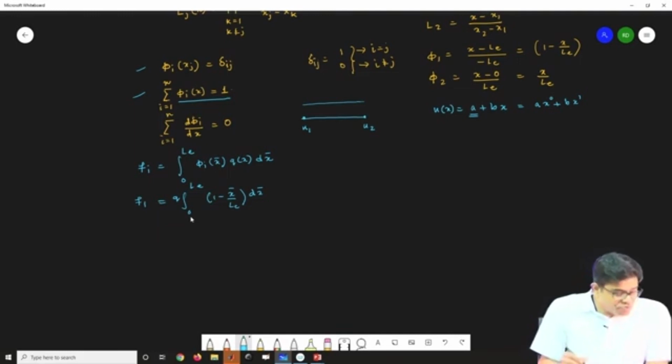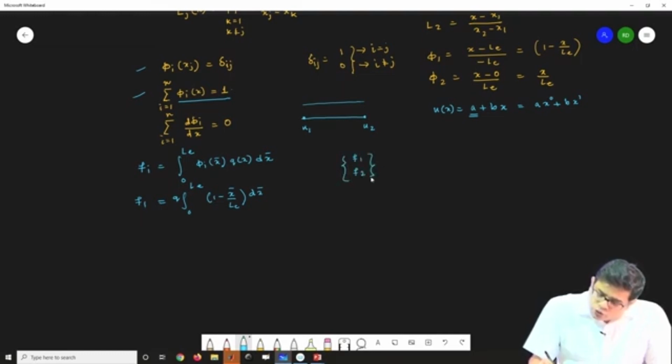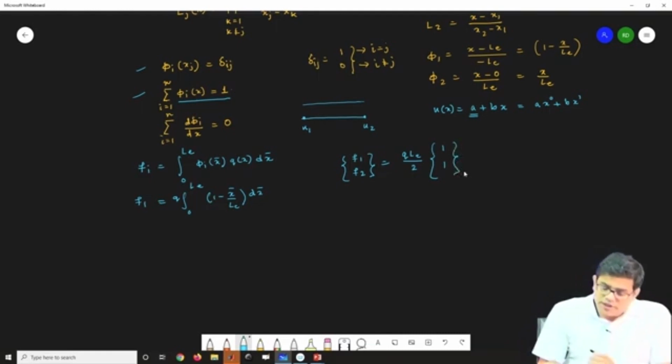If I do that integration, which you can easily do, then f1 by f2, for 2 nodes, I will get q LE by 2 times 1 1. So this is my force term if I do the integration.